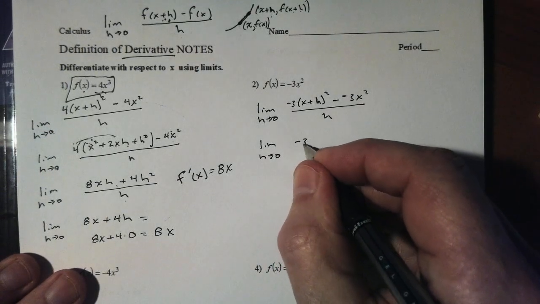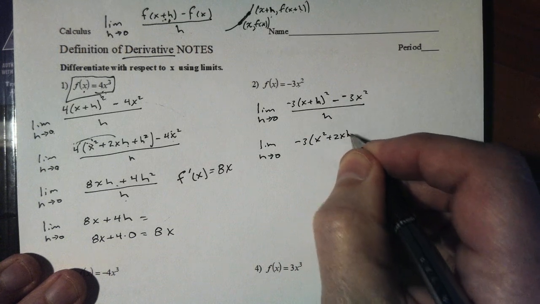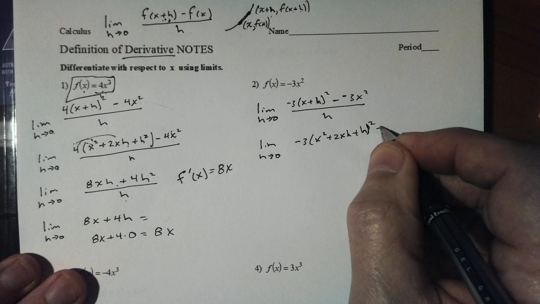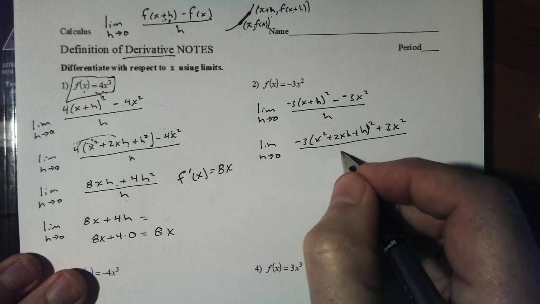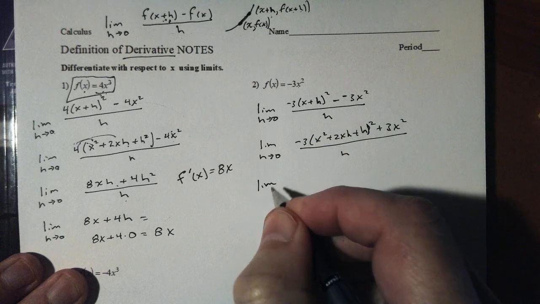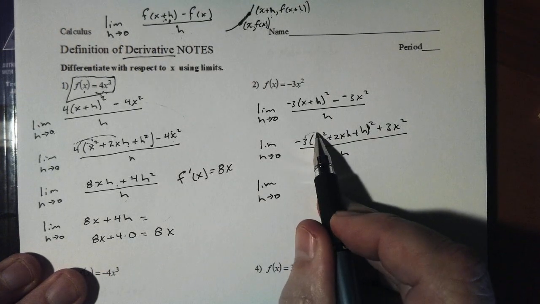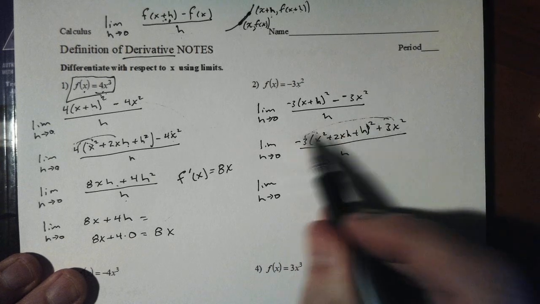So we get -3 times FOIL x squared plus 2xh plus h squared plus 3x squared on h. Limit as h approaches 0. Distribute -3x squared plus 3x squared, and there's the whole magic right there.